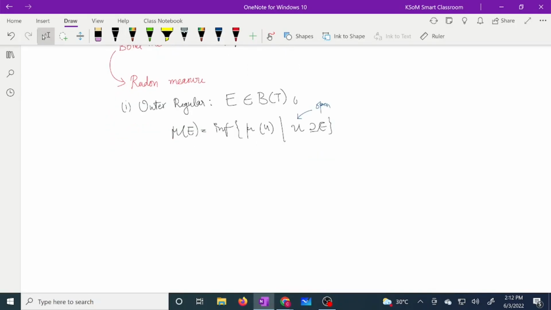This means you should be able to approximate the measure of E from the outside. I hope you have seen this before and you know what all this means.